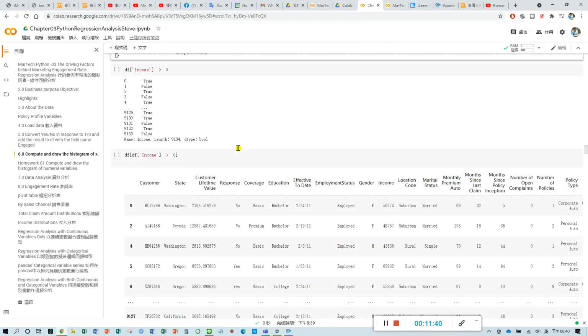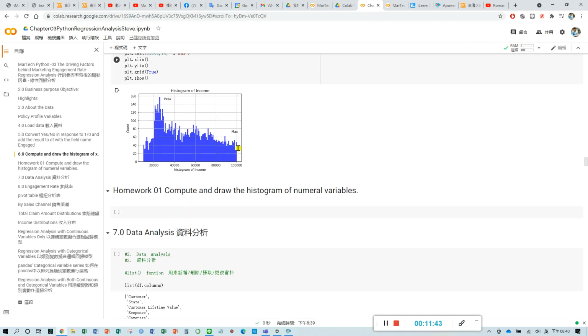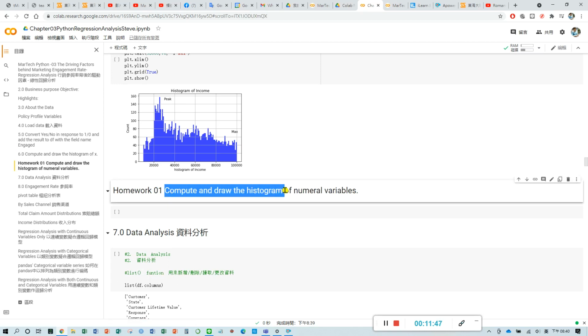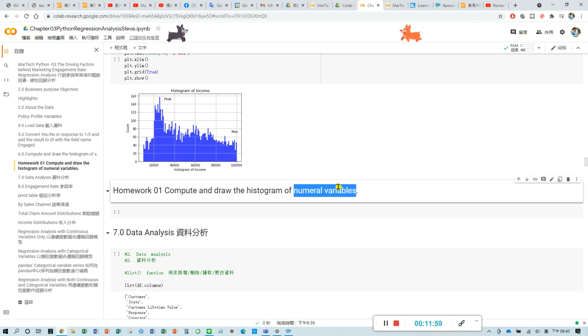Okay, so I remember our homework is to compute and draw histograms for numerical variables. Do you know how to figure out which variables are numerical?